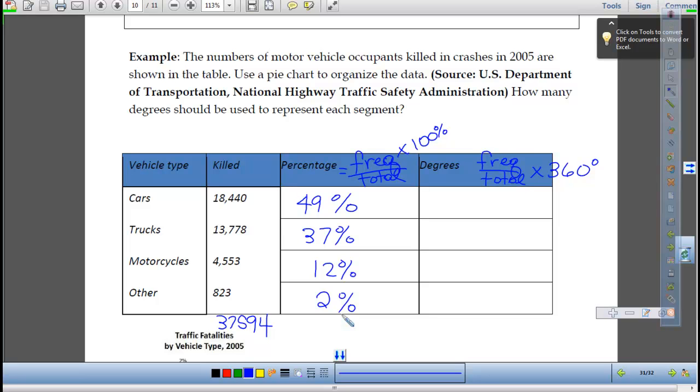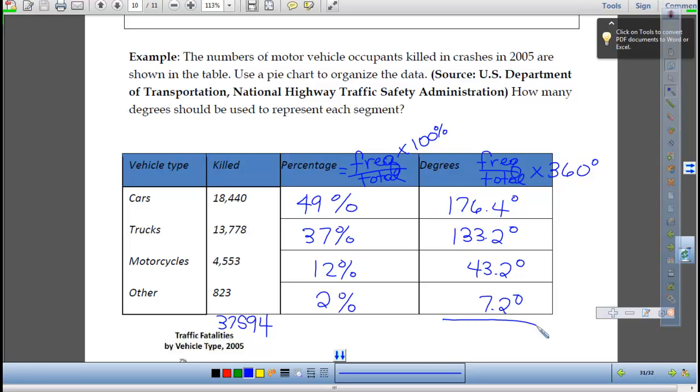If I want to do my degrees, then I would do 0.49 times 360. Degrees. Okay, 0.37 times 360.